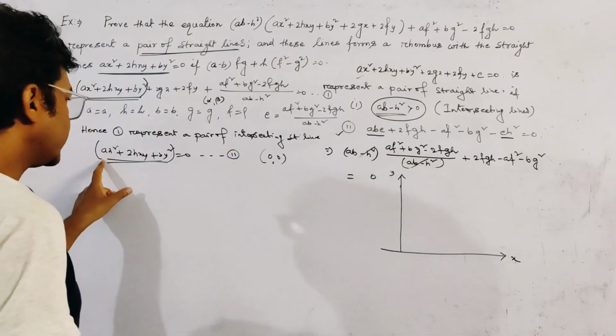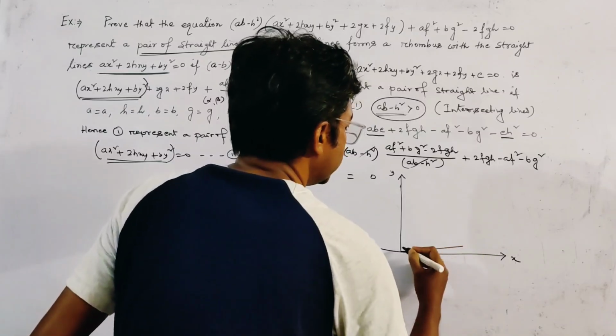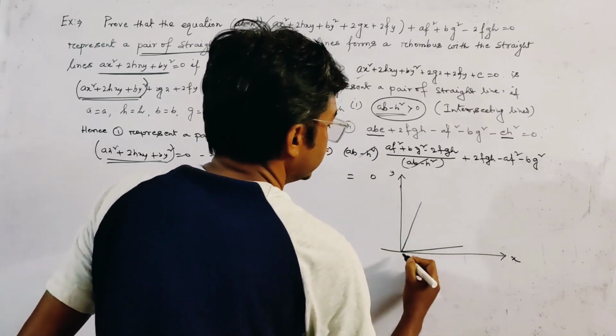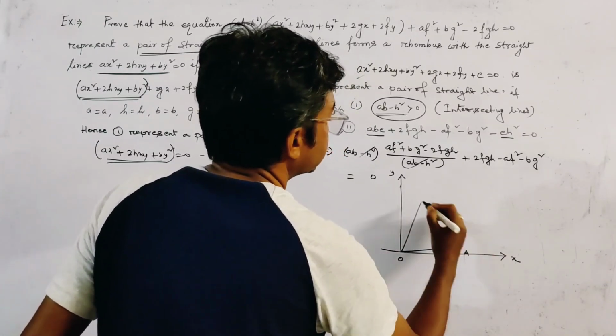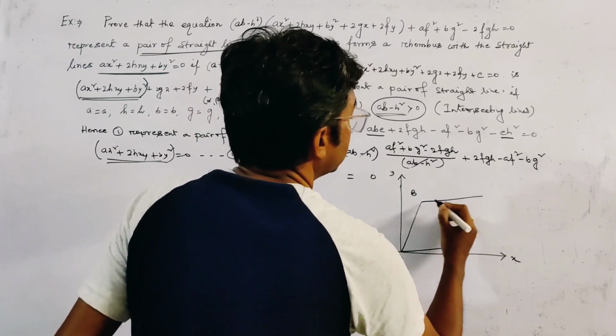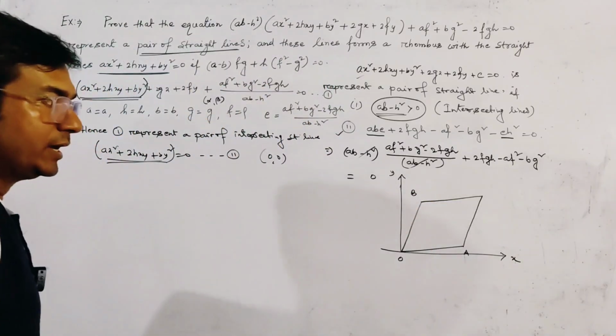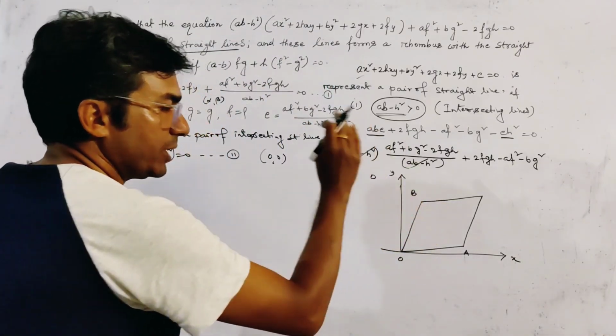And let ax square plus 2hxy plus by square be represented by these two lines. This is OA and this is OB, and we draw two parallel lines here and complete the parallelogram.